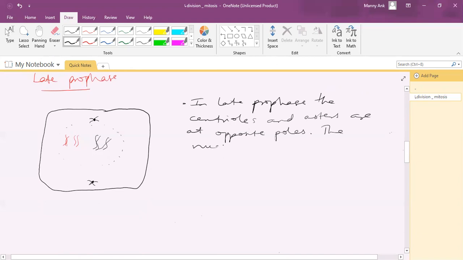The nucleolus and nuclear membrane have almost completely disappeared.